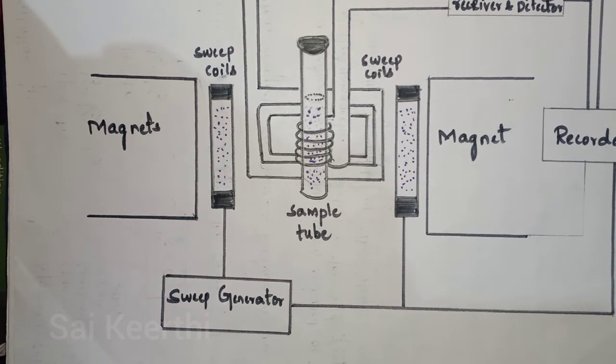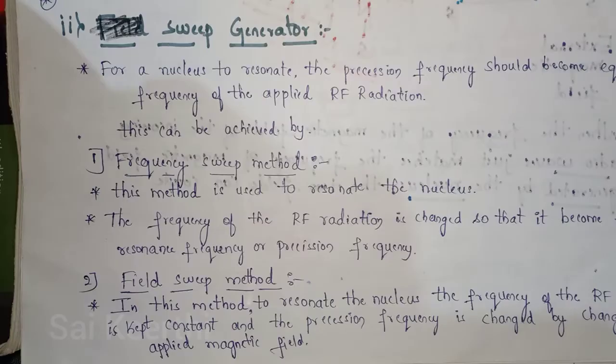Now we have to bring the nuclei into resonance. This happens by the use of a sweep generator. To bring the nucleus into resonance, sweep generators are used. That means to excite the nucleus to the beta spin state, this sweep generator is used. So let's study it now.